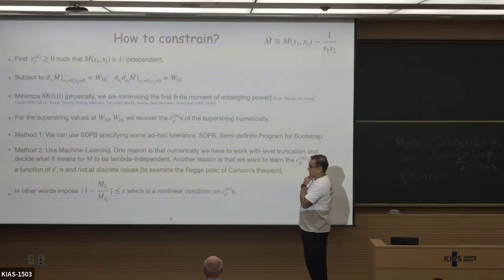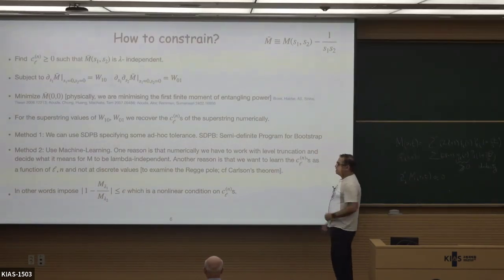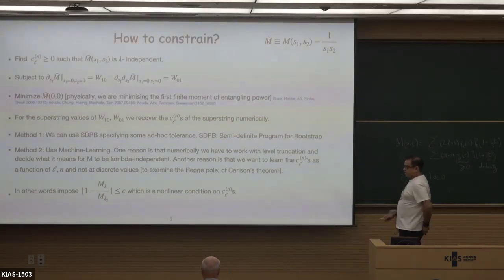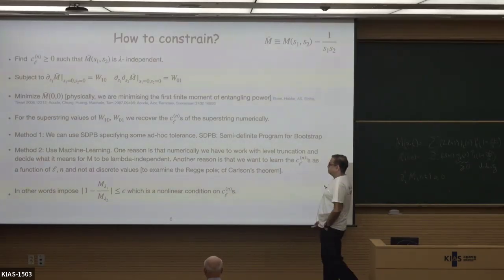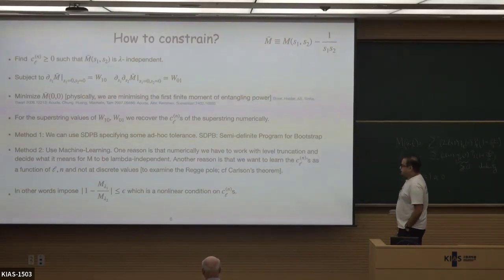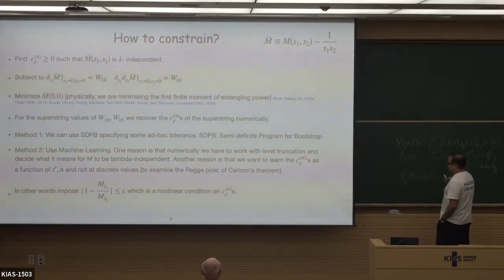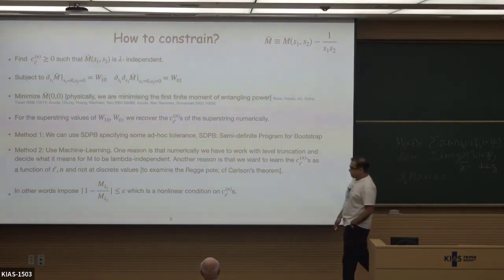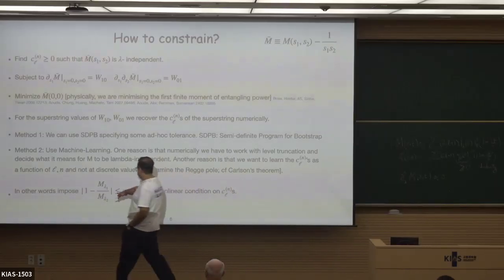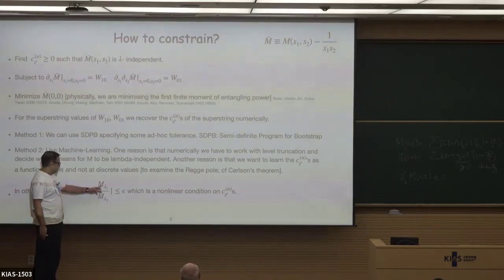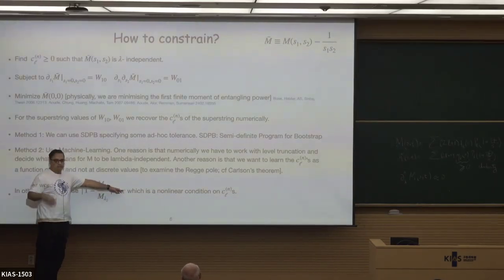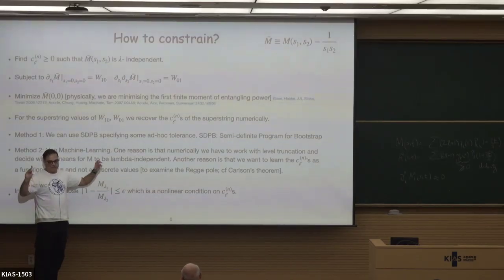The second method, and there are two ways of thinking about this, and I'll tell you why we decided to use this, is to use machine learning. One of the reasons is that numerically we have to work with level truncation, and we have to impose these conditions. So instead of specifying some ad hoc tolerance, we basically want to impose constraints of this kind, that if you have two different values of lambda, then they have to be equal to each other up to something that we can identify as the error.